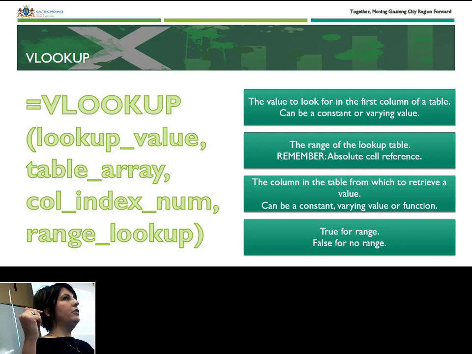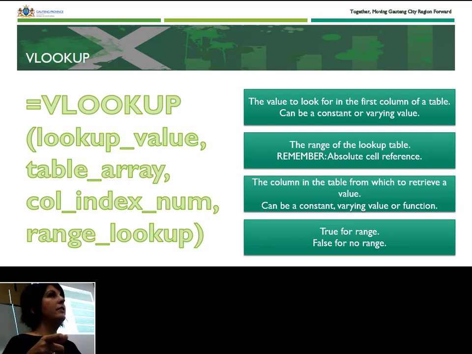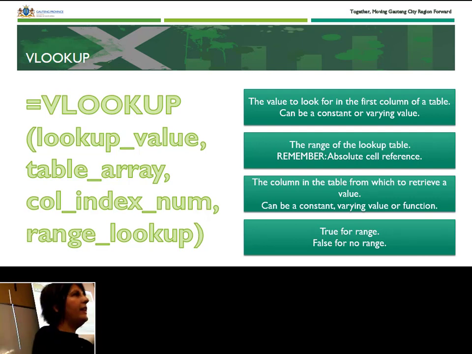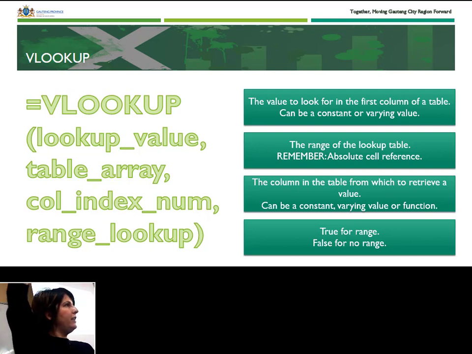A specific value. So there is a return value for every lookup value. So there's an exact match. When you look up this, you get the value that you want to look up, and for this value, there's an exact match in the table array. That means it's not a range.